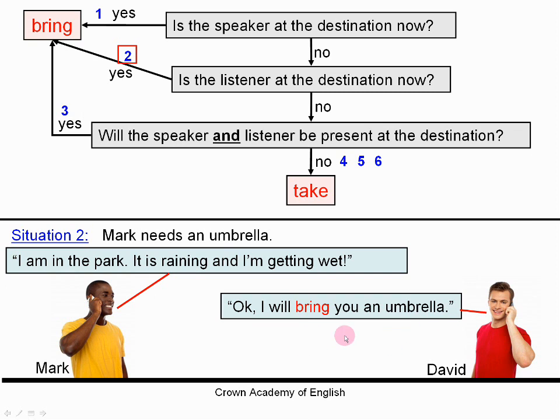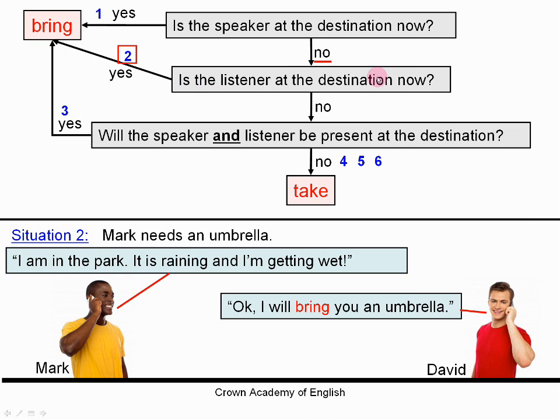Okay, so why does David say bring? Well, let us look at the diagram. Is the speaker at the destination now? This is the speaker, and the answer is no. The destination is the park, but David is at his house. So here we reply no. So now we ask this question.